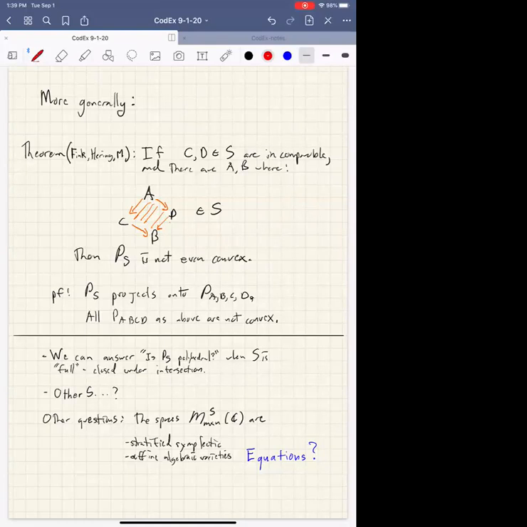And the way this can be proved is that by this trick of projection onto subsets, P sub S in this case will project onto the eigenvalue space of this diamond here, and it can be shown directly that these are not convex using some tricks about orthogonality.